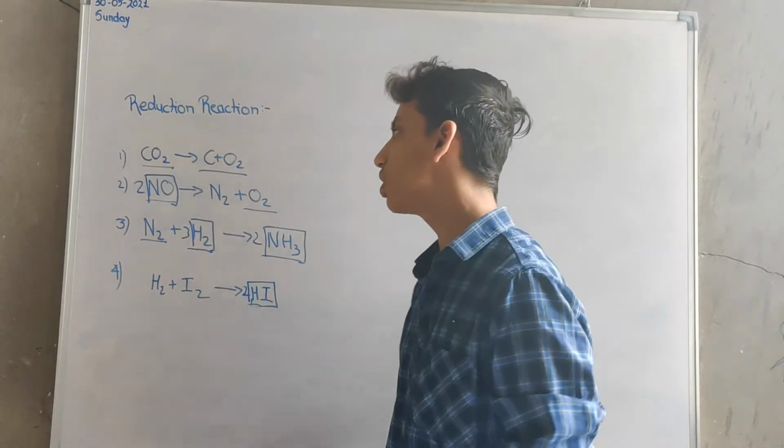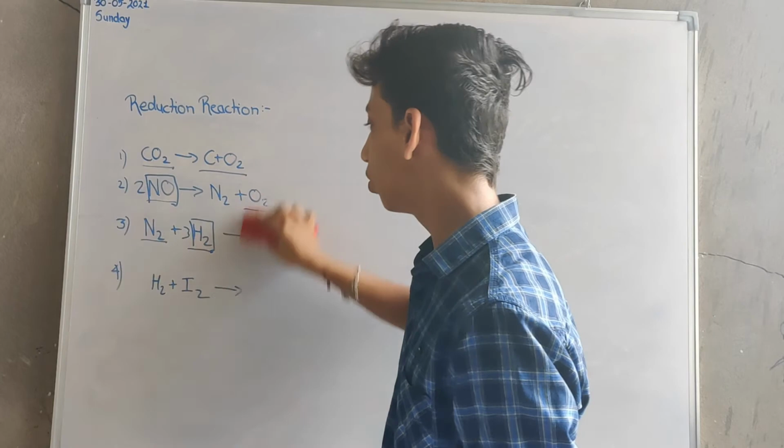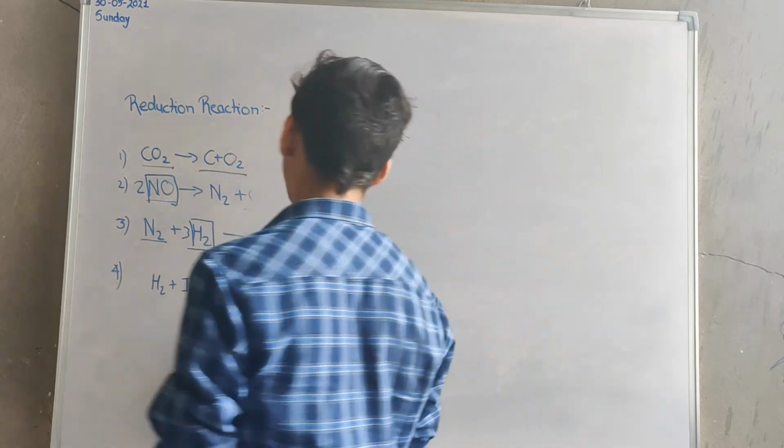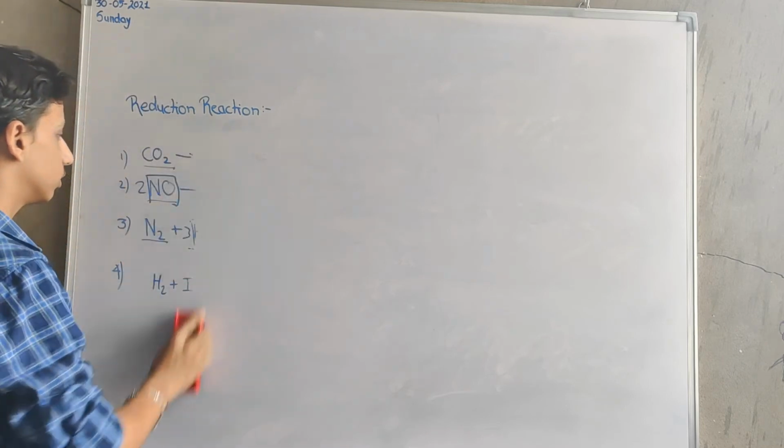So let's take the most important reaction, the redox reaction. The redox reaction is also there in 11th class. It is an important topic. So clear its concept in 10th class only.